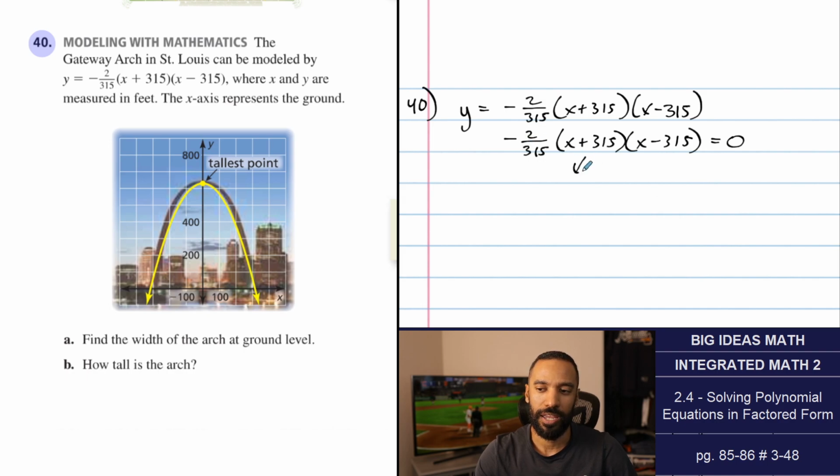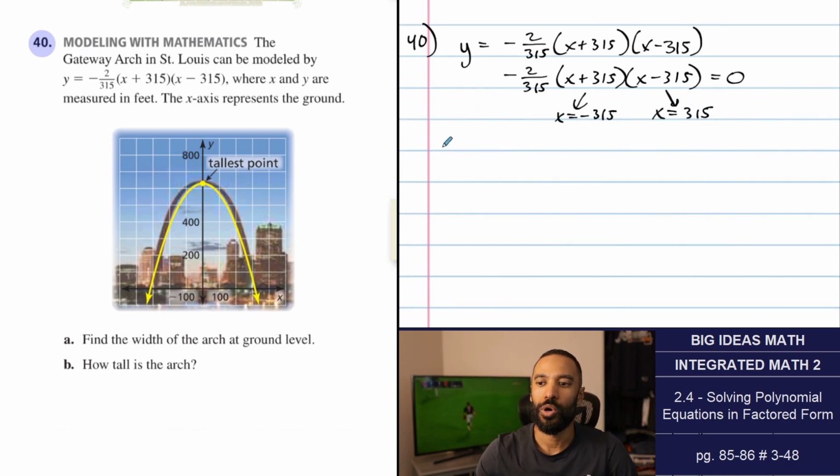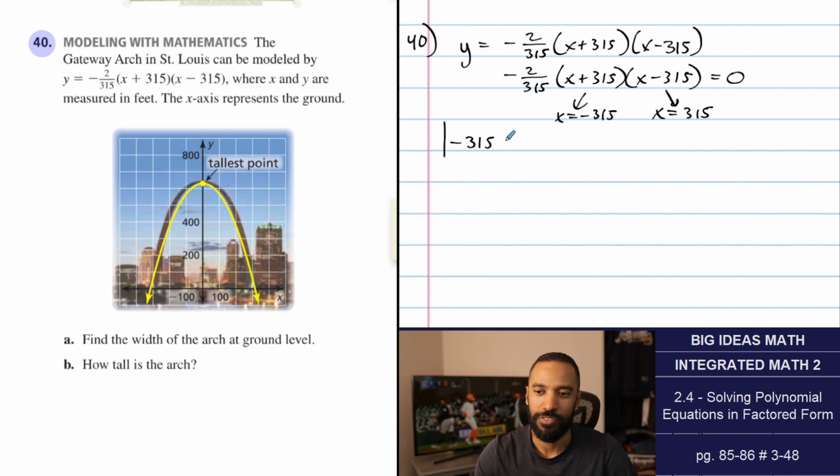Again, this part has no bearing. x either equals negative 315 or x equals positive 315. And I think this is the actual width. I think that they are actually correct when they say this. So we're going to be doing the absolute value of negative 315 minus 315. We're taking one of the answers minus the other answer, with an absolute value because we just want a positive answer out.